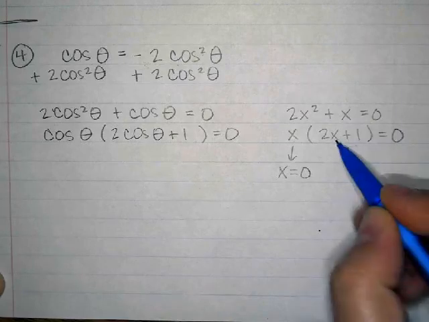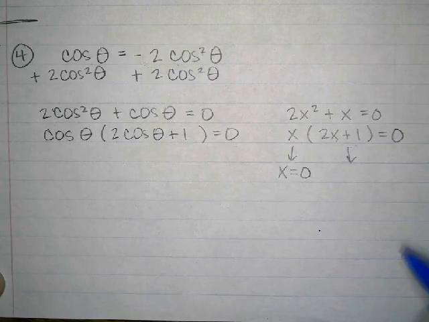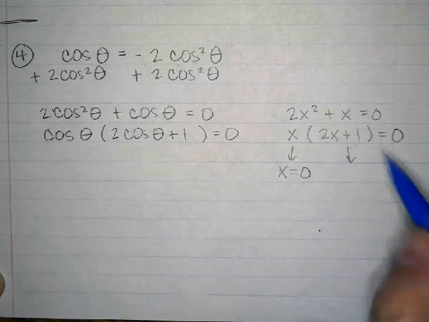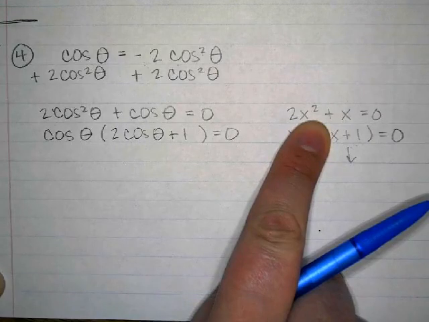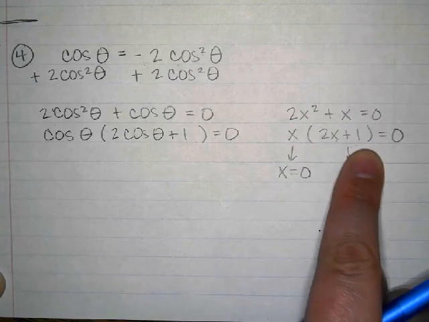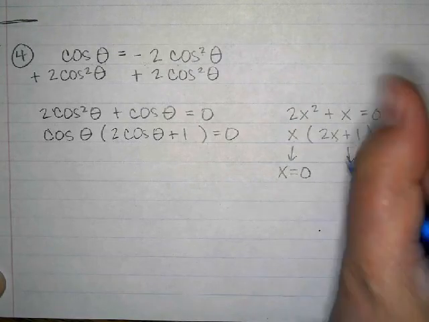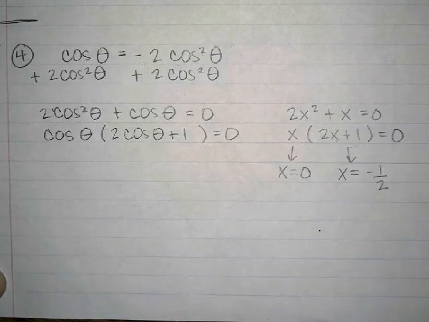If it just said x plus 1, x would equal -1. But since it says 2x plus 1, then x would equal -1 divided by 2. So it would be x equals -1/2. Now over here, we don't have x, we have cos theta. So instead of saying x equals 0, we're going to say cos theta equals 0.